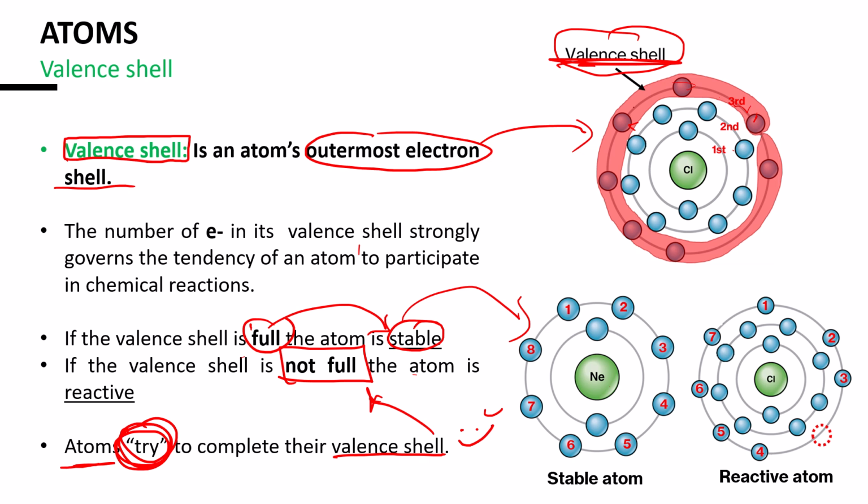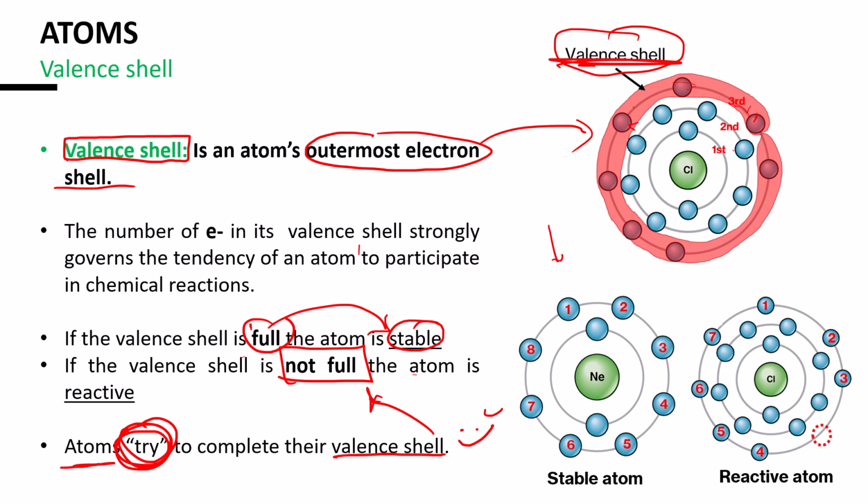You have 8 electrons. By the way, in this scenario neon probably will not participate in chemical reactions much, because the valence shell is complete, meaning neon will not take an electron into the next energy level, because that would become the new valence shell and it would be incomplete.